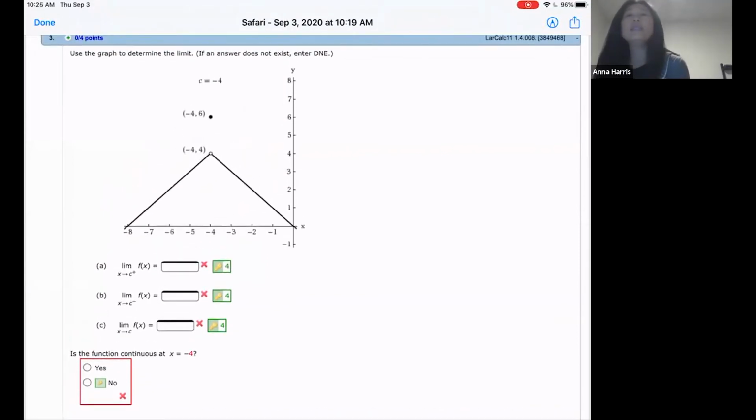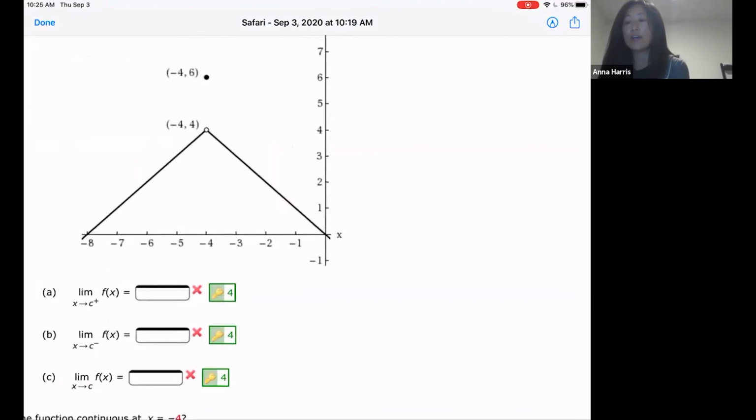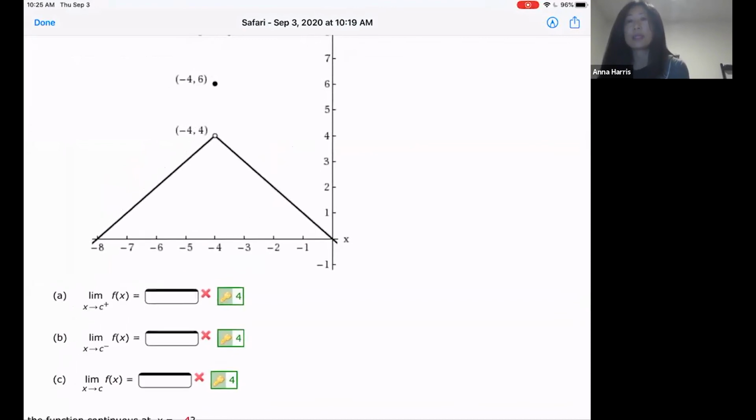Everybody see this is not a continuous function, right? Does everybody agree? Why is this not a continuous function? Because the circle is open, right? An open circle means the y value does not exist. This is a good problem.